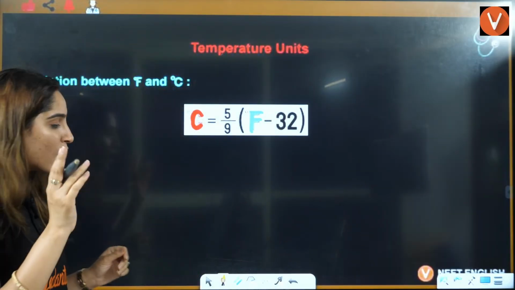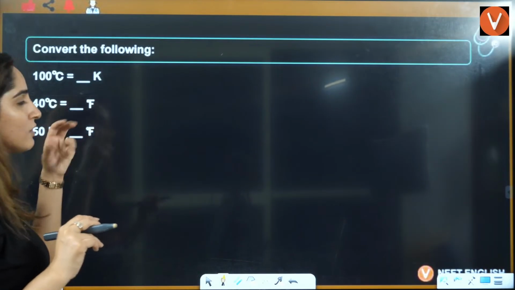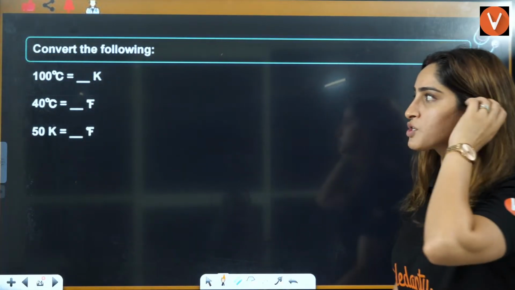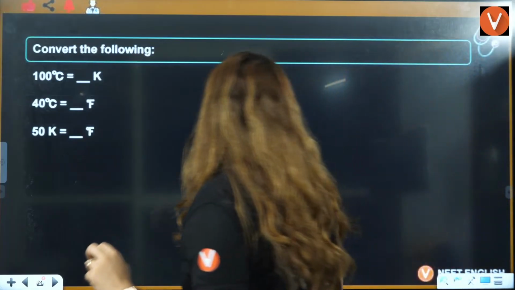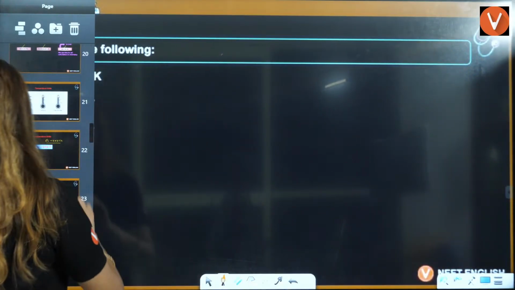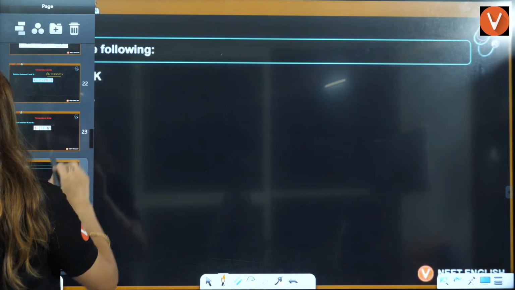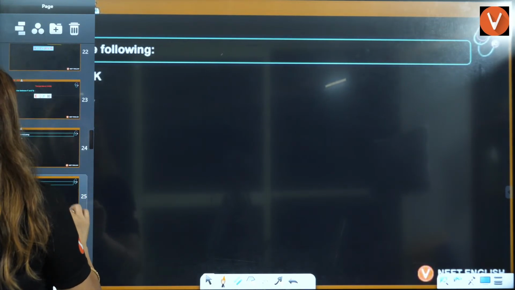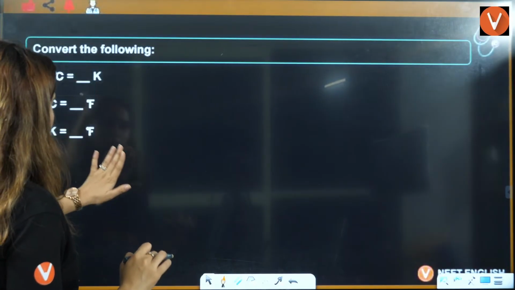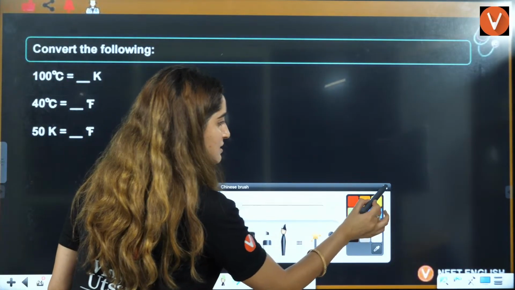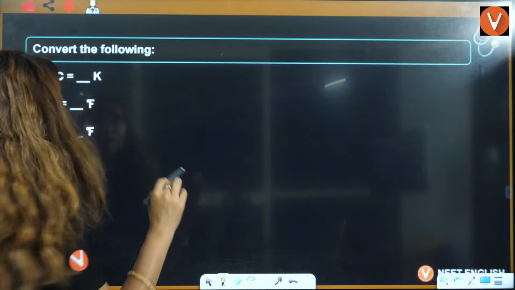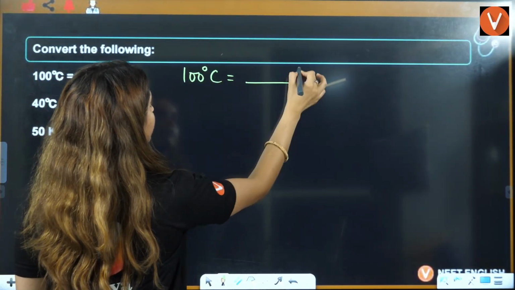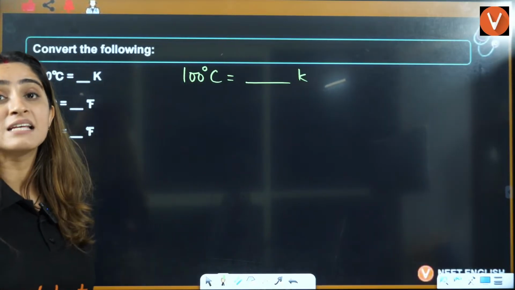Now, let us do these conversions. I think by these simple conversions only, you will get to know so many things. The first conversion I'm going to do is degree Celsius to Kelvin.